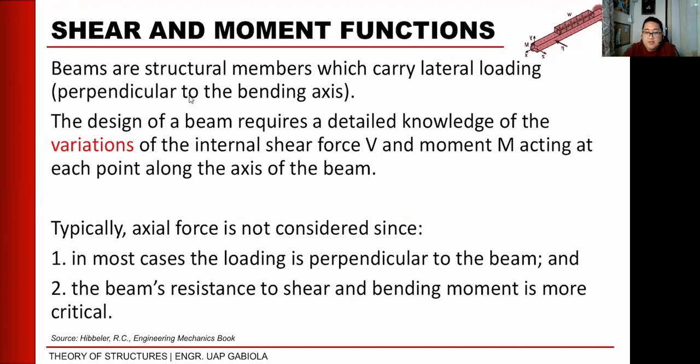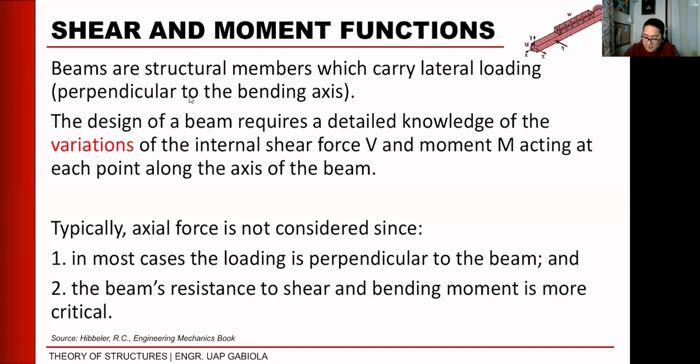And dito sa consideration natin for the shear and moment function, hindi natin usually kino-consider si normal force. Hindi dahil hindi siya importante because of the following reason. So number one, in most cases nga, si beam is used as a load-carrying member. Meaning, lahat ng forces or loading na particular na nag-act sa kanya is naka-perpendicular sa kanya.